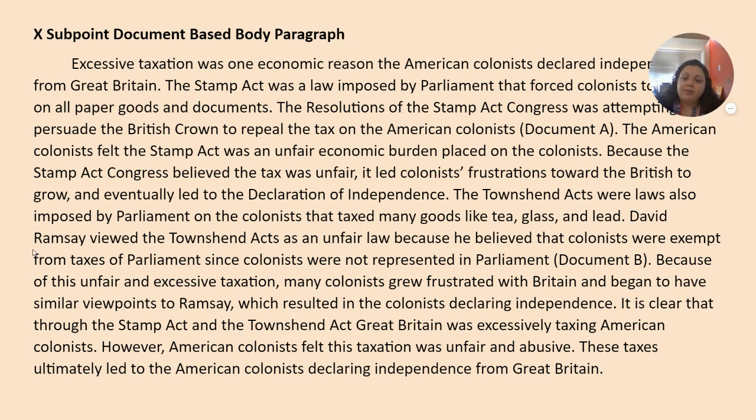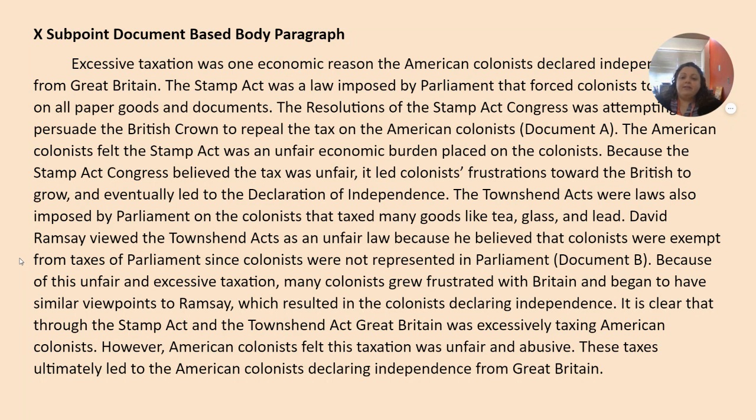So David Ramsay, remember, referred to as the source, viewed the Townshend Act as an unfair law because he believed that colonists were exempt from taxes of Parliament since colonists were not represented in Parliament. So those words, viewed, he believed. This is obviously point of view. And notice the citation, document B.